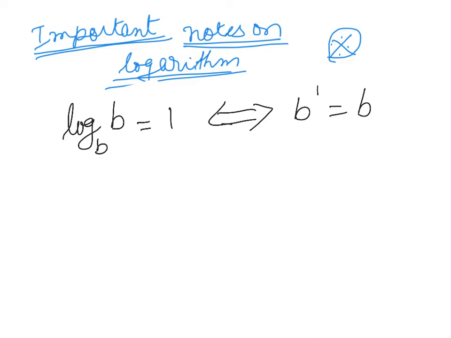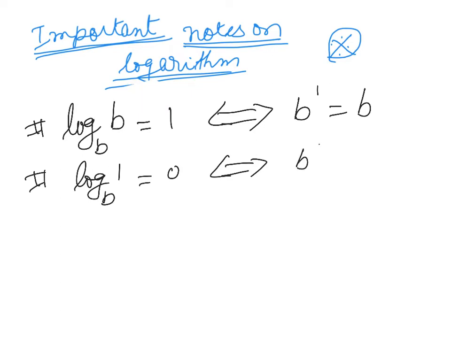So we relate this experience from our exponents, and we apply it to logarithm. Second one is logarithm of 1 to any base is 0. It again originates from our laws of exponents. B to the power of 0 is equal to 1. Any base to the power 0 is 1. Similarly, logarithm of 1 to any base is equal to 0.